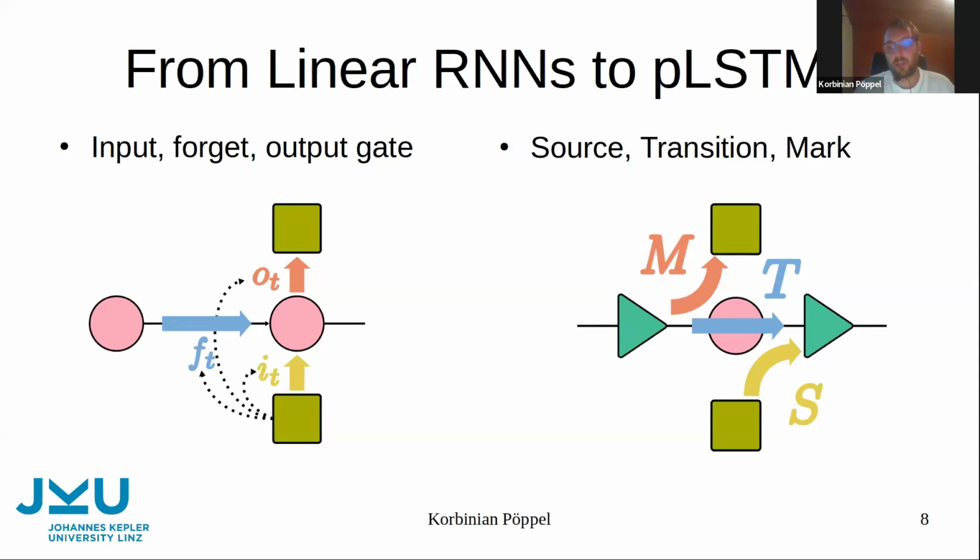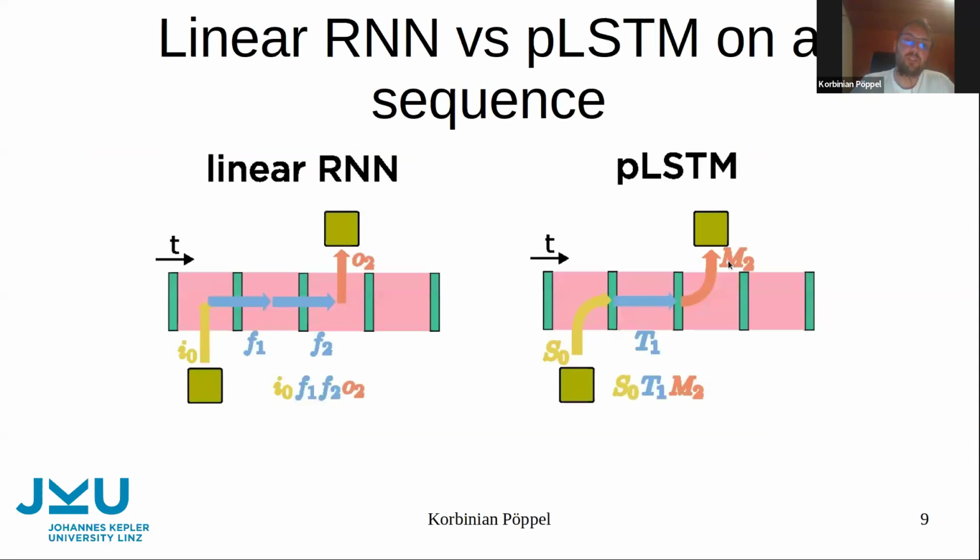How these gates operate is that for every node we have an input, and this is connected to outgoing edges with a source gate. Then between pairs of edges we have the transition gate, and from an incoming edge at the node to the output at this node we have the mark gate. So how does this look on a sequence?